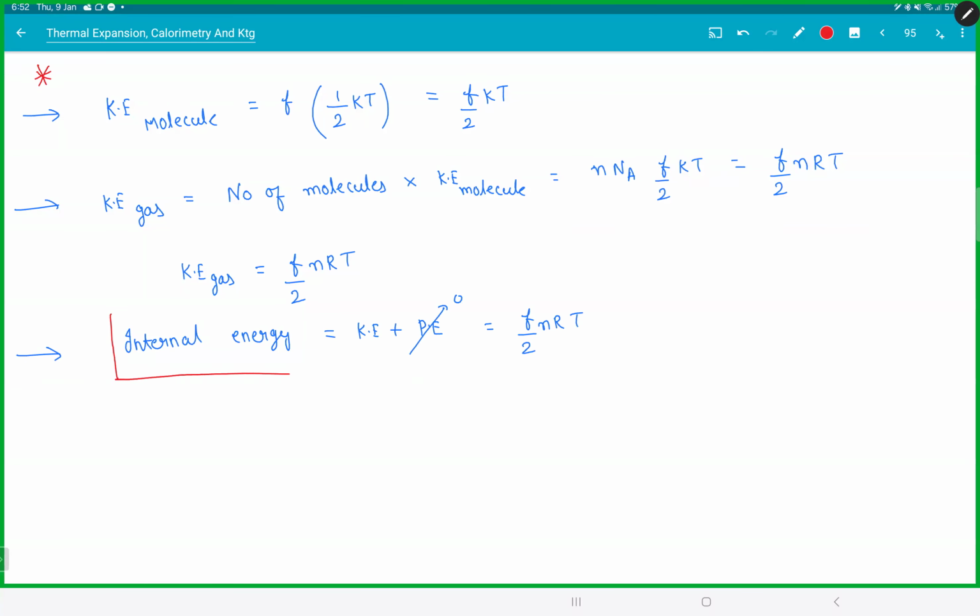Basically, this is the beginning of thermodynamics. We are slowly entering thermodynamics actually and directly.